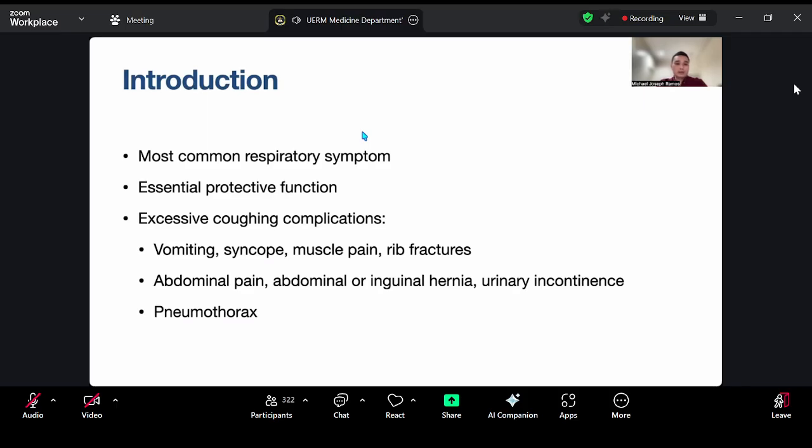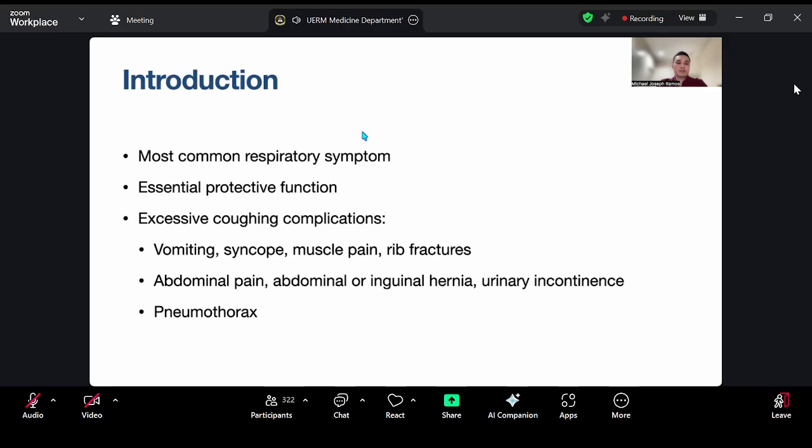On the other hand, excessive coughing can also be detrimental and cause complications such as vomiting, syncope due to decreased venous return, muscular pain due to muscle spasms, or rib fractures due to the severe muscular stress, which is usually seen in young adults rather than in the elderly.